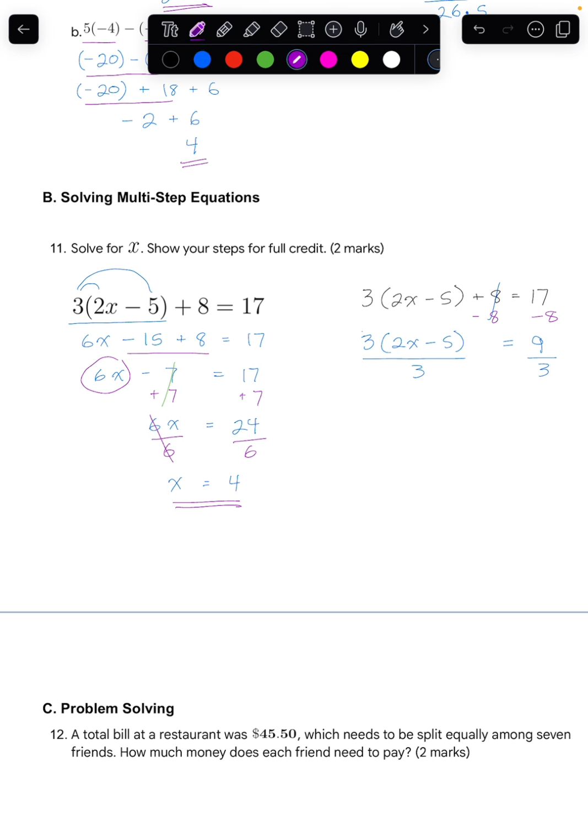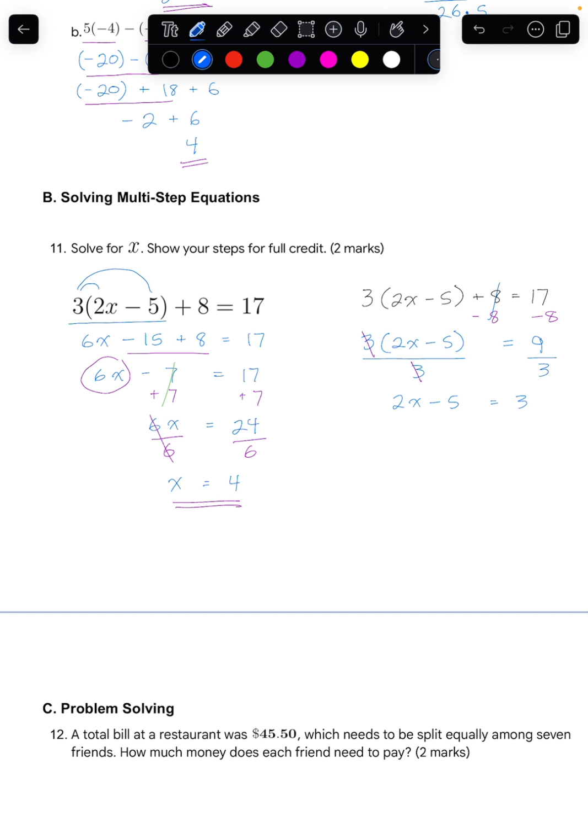Well, this 3 and 3 cancel each other out. So 3 divided by 3 is equal to 1. That leaves us with 1 times 2x minus 5, and 1 times anything is just itself. So it leaves us with 2x minus 5 on one side equals, well, 9 divided by 3 is 3.